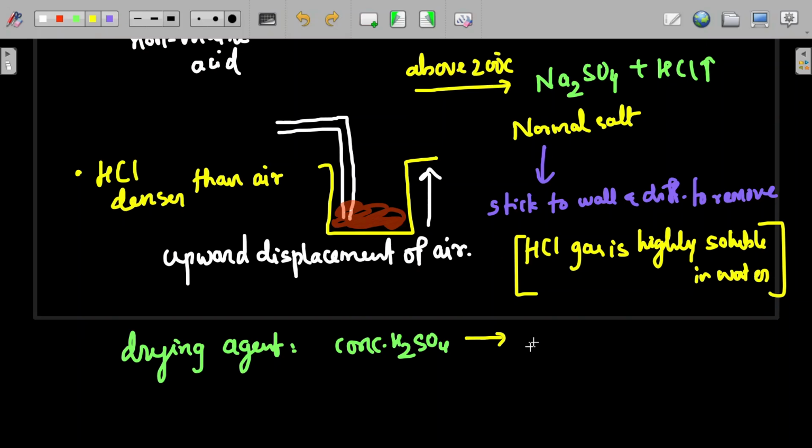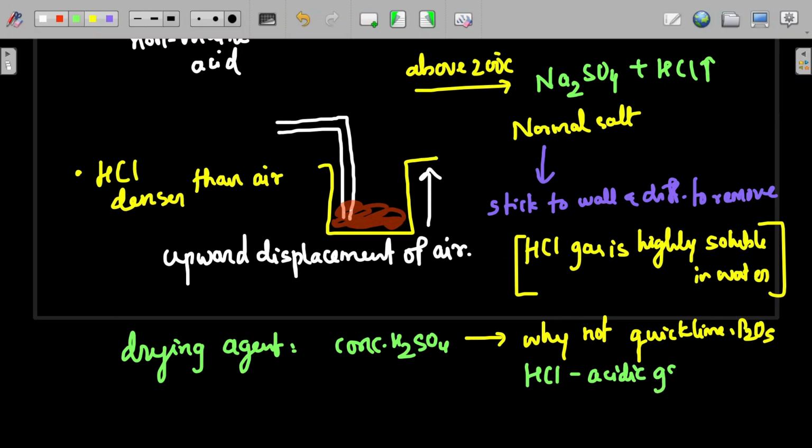Drying agent. And we don't use other drying agents like quicklime or phosphorus pentoxide. The reason is, you have to write, HCl is an acidic gas, and it will react with quicklime as well as phosphorus pentoxide.